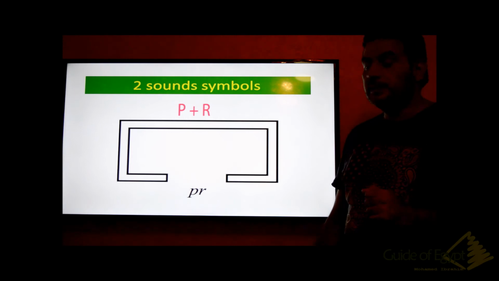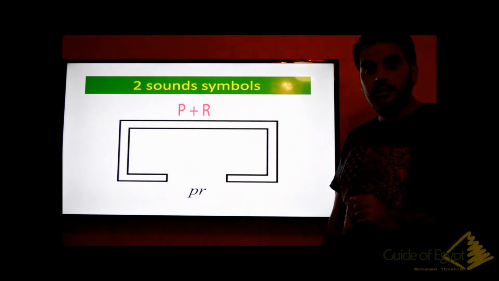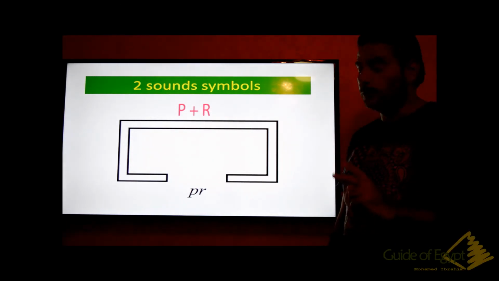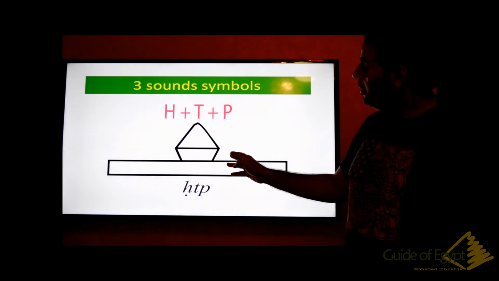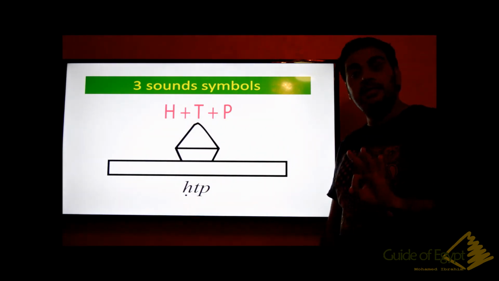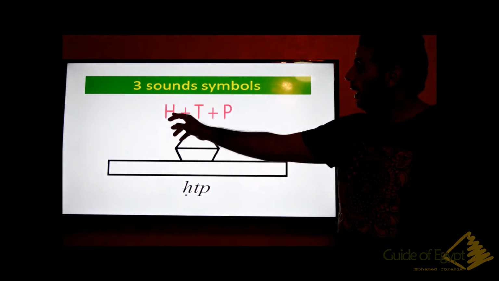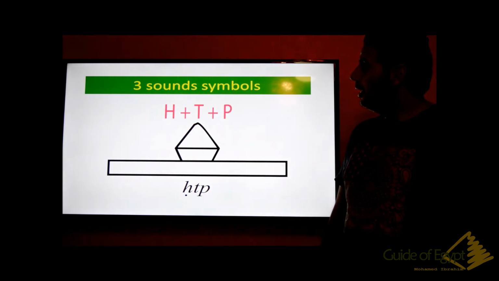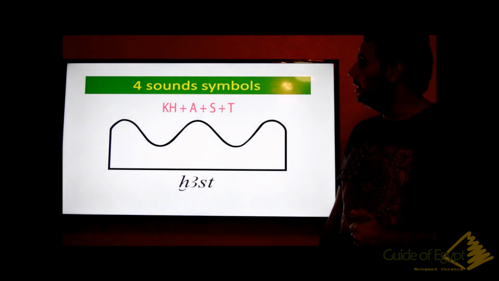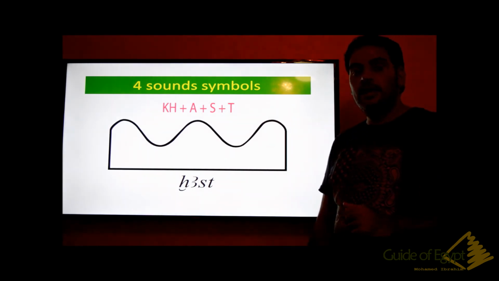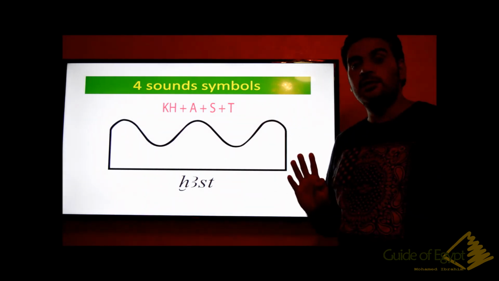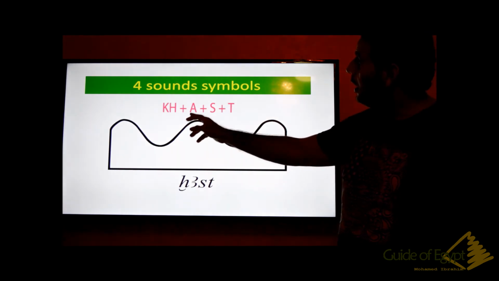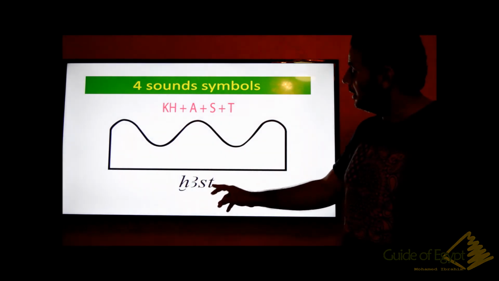Bir, it is B and R. One symbol but two sounds. One symbol but three sounds. Hitab. And there is also one symbol that represents four sounds. Kha, sibt.